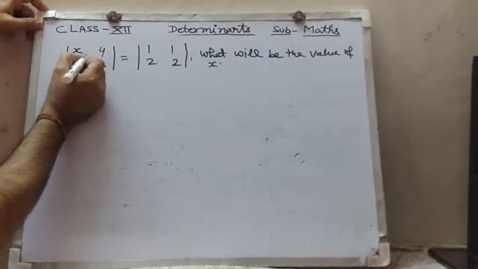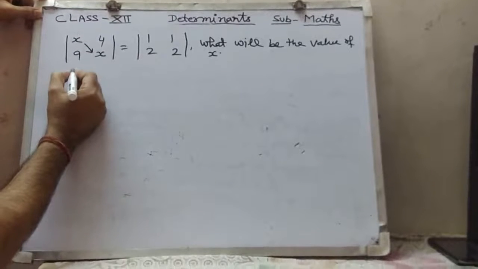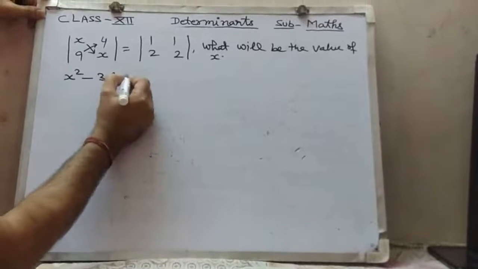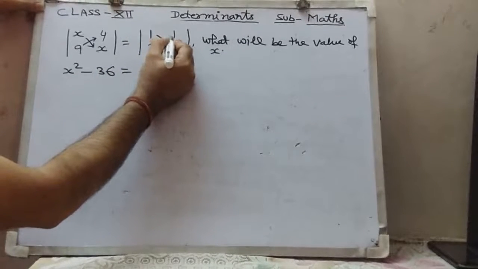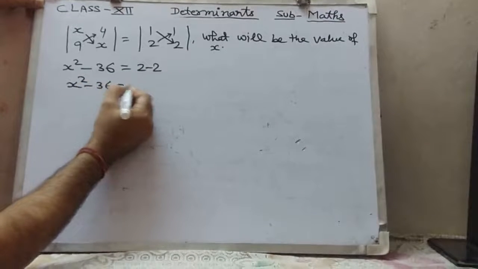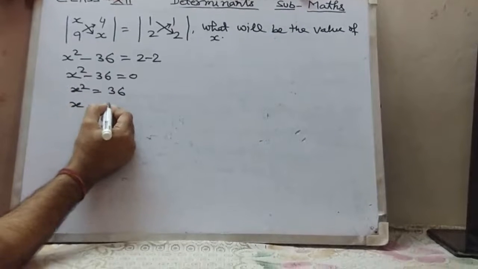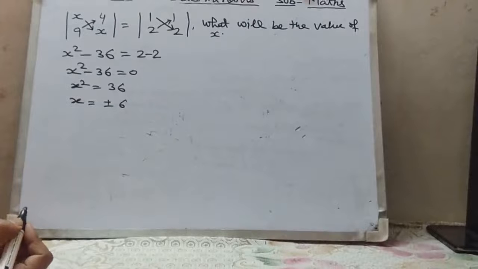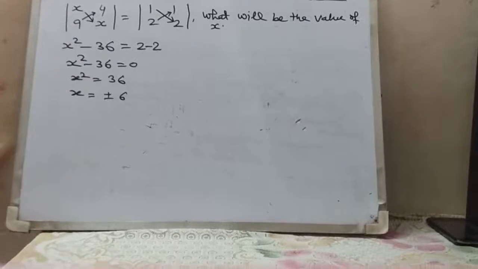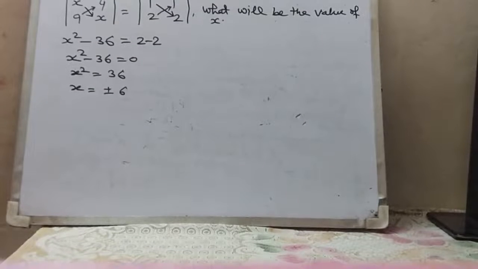For expanding the left side determinant, firstly we will multiply diagonal elements, means x square minus 36 equal to 2 minus 2 is 0. x square minus 36 equal to 0. x square equal to 36. So x is equal to plus 6. So the value of x may be plus 6 or minus 6. This is the way to find out the value of any unknown in any determinant.